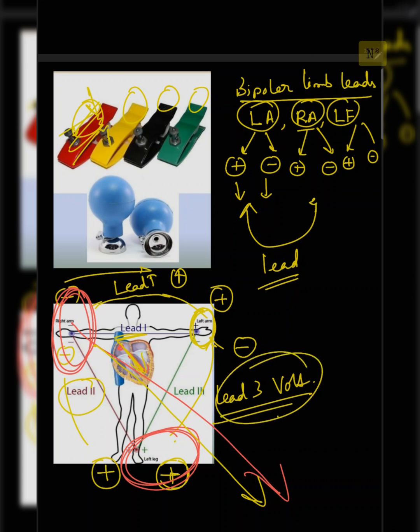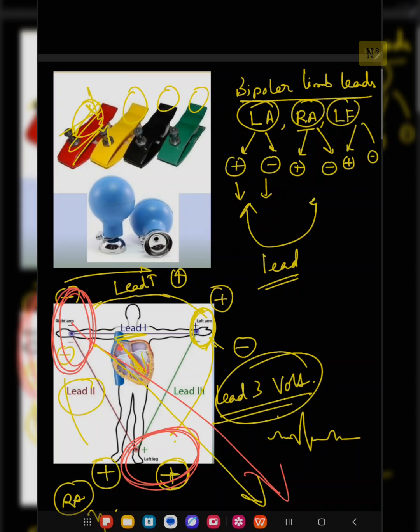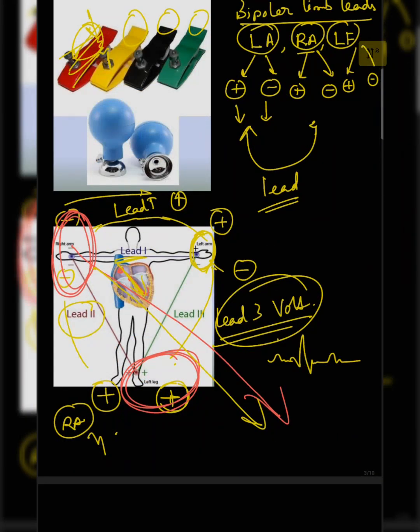If you look closely into the lead 3 rhythm strips, you will usually get the normal morphology, that is the PQRS complex. Now if you go back and look into the ECG strip, not the right arm but lead 1, or in this case augmented AVR, you will get those PQRS complexes in an inverted fashion.